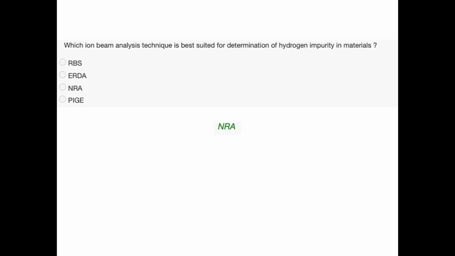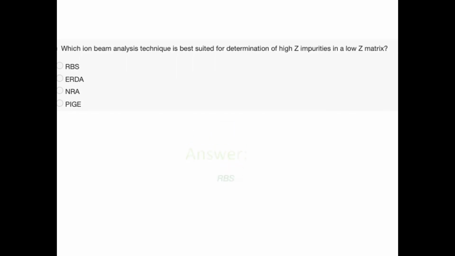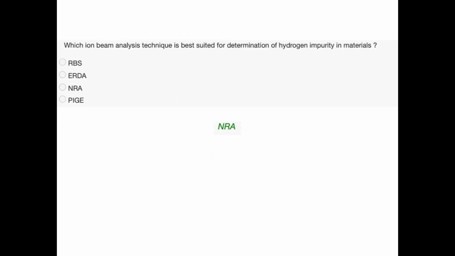Oh, wait, I think I wrote the answer wrong. For low Z matrix, this was an RBS. Yes. This one is hydrogen impurity. No, this is also RBS. I need to check it. Which one is right?